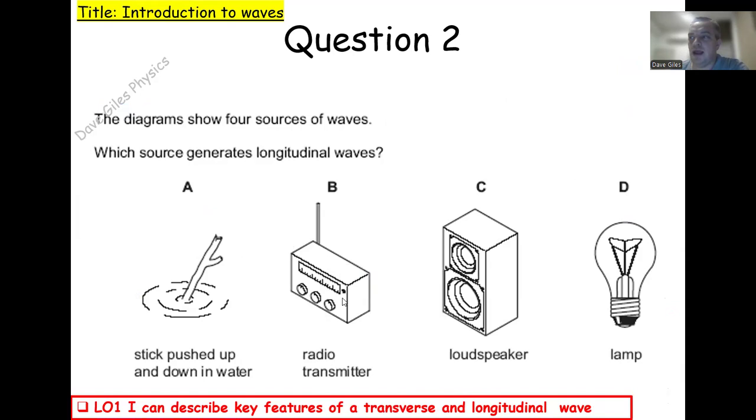A lot of people say the radio transmitter, but the radio transmitter transmits an electromagnetic wave, which is transverse. So the only one that's actually generating a longitudinal wave is the one generating sound itself. That would be the loudspeaker. It would be C.